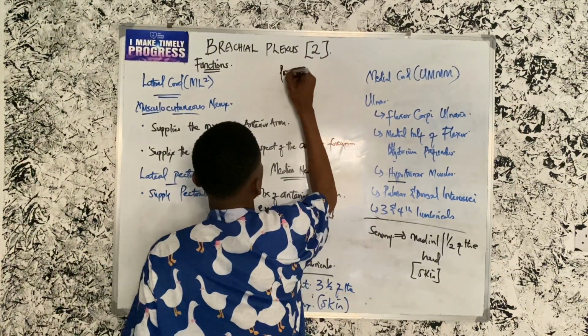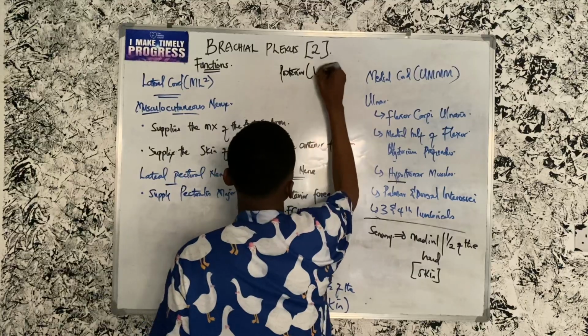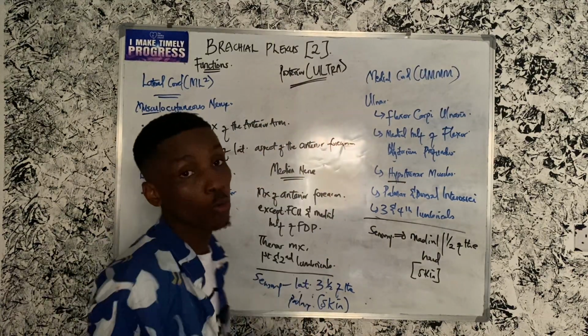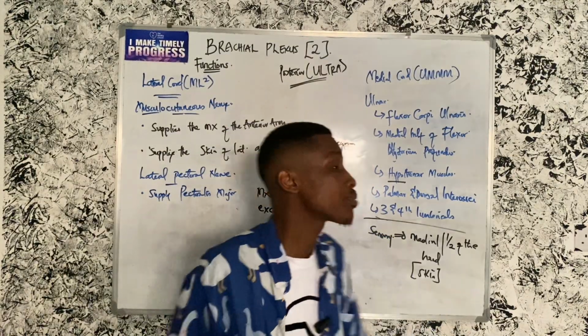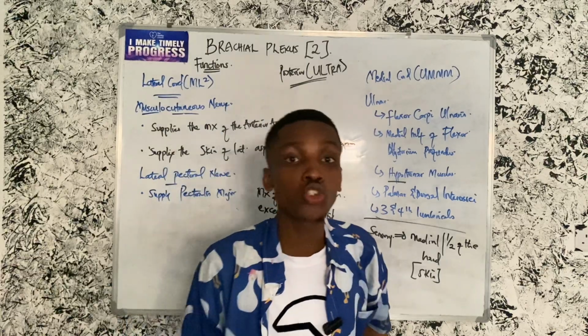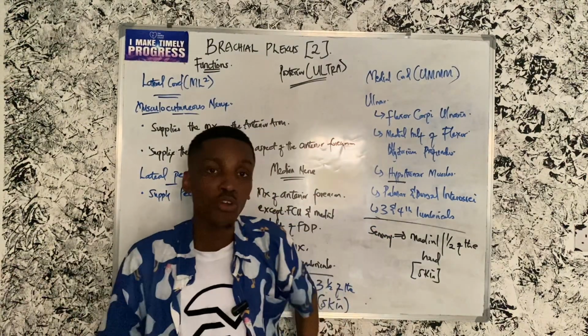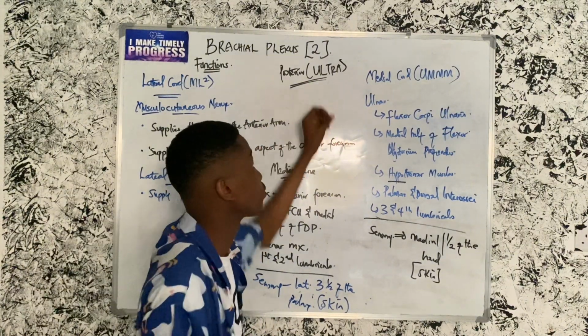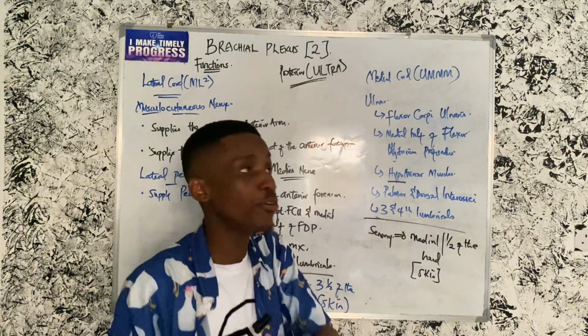If you remember my acronym for posterior cord, it was ULTRA. Now I start with U. U was upper subscapular. Upper subscapular and lower subscapular together supply a muscle we call subscapularis, one of the rotator cuff muscles.